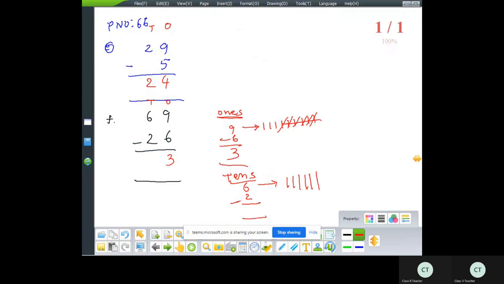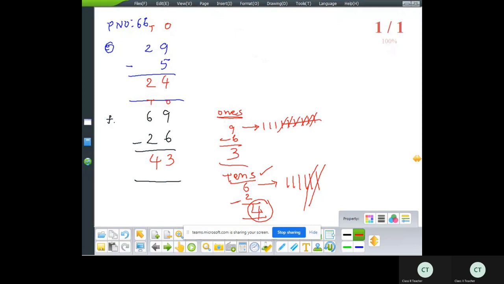From 6 we remove 2 lines. 1, 2. After removing 2 lines, there are 1, 2, 3, 4. 6 minus 2 is equal to 4. Write this answer 4 in the 10 place. 69 minus 26 is equal to 43.